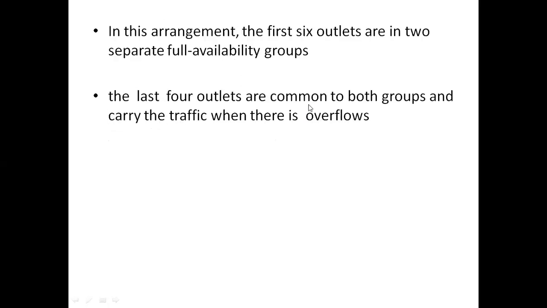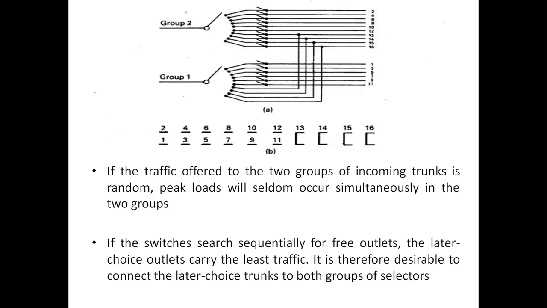In the previous diagram, we had 10 outlets on a switch or selector. How many switches did we have? We had two switches. In this case, the group becomes two.